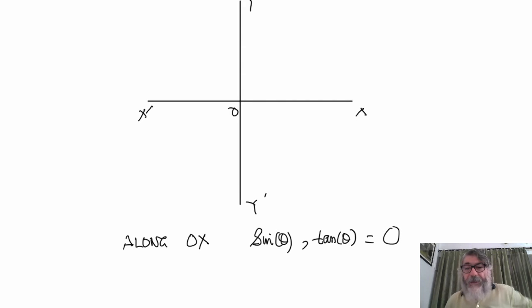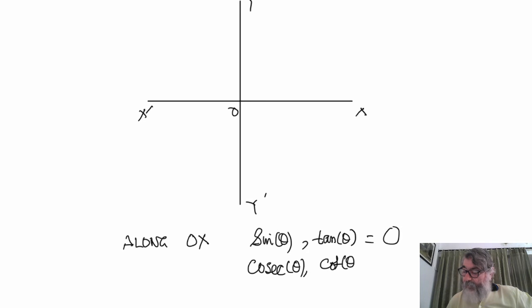Now the reverse of sine is cosec. Cosec theta is 1 upon sine theta. And the opposite of tan theta is cot theta. So 1 upon tan theta, cot theta, will be not defined. Why?